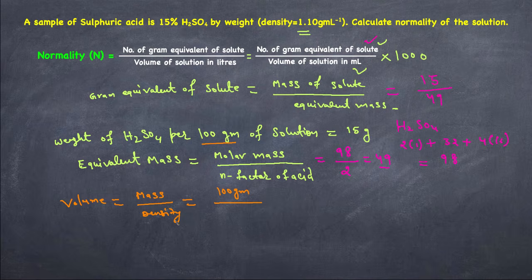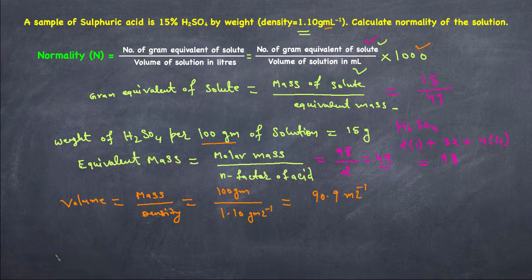And we're going to divide it by the density, and they gave us density 1.10 gram per liter, and this gives me volume equal to, when we solve it, 90.9 milliliter. Sorry, gram per milliliter, that's the unit. So volume is in milliliters, so we're going to use this formula. We need to multiply it by 1000.